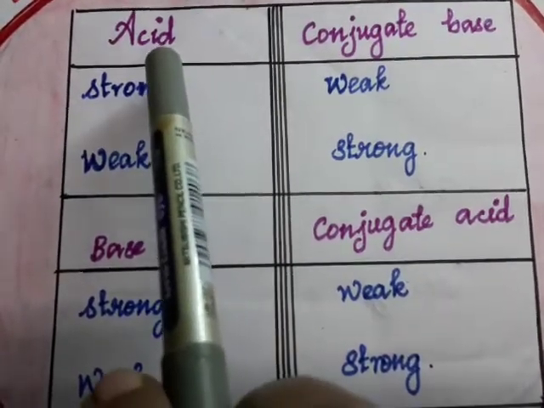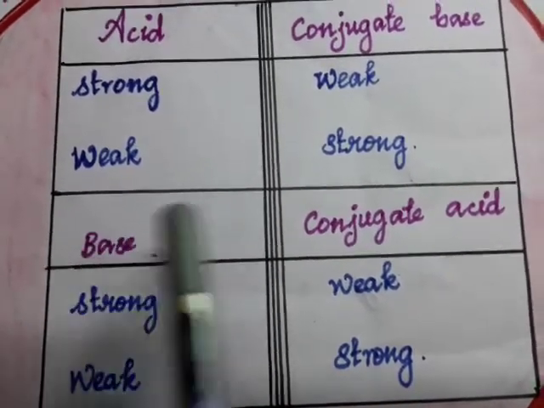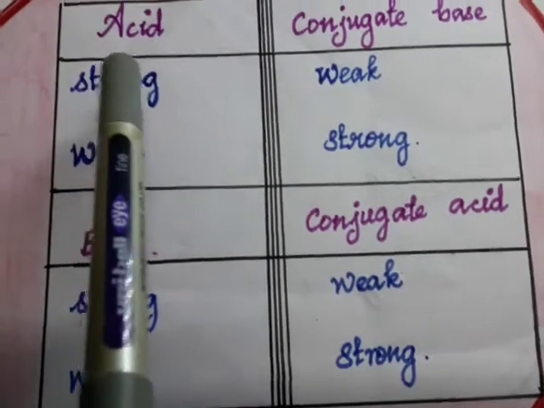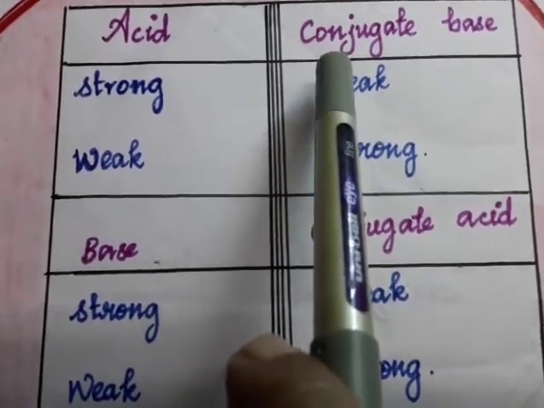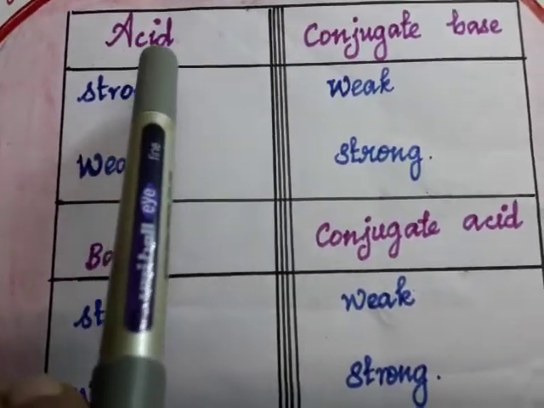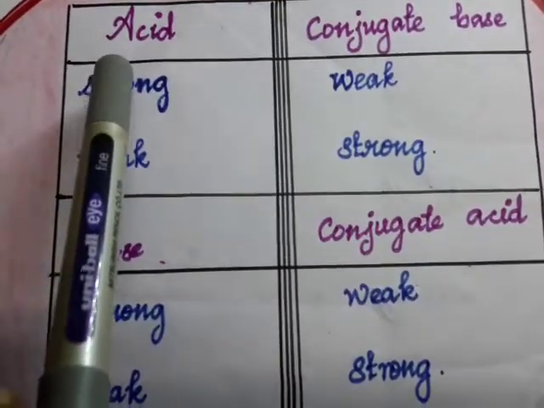We all know about acid and conjugate base, and base and conjugate acid, right? Each and every acid will have its conjugate base, which means after removal of H plus ion, the remaining negative ion is said to be the conjugate base of the acid.